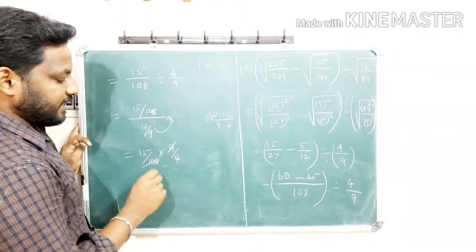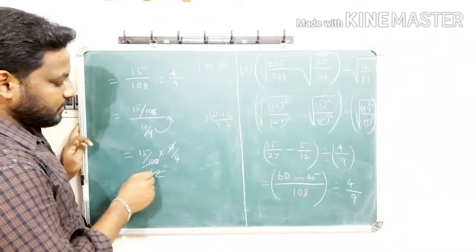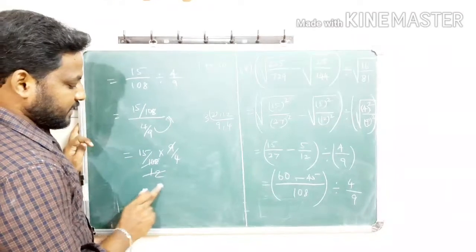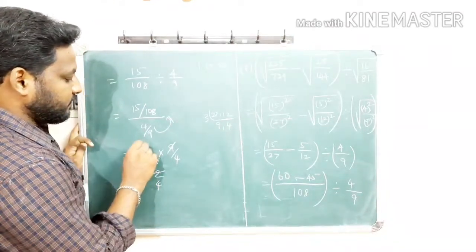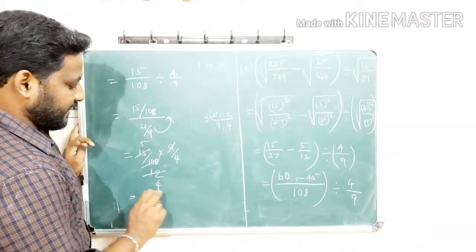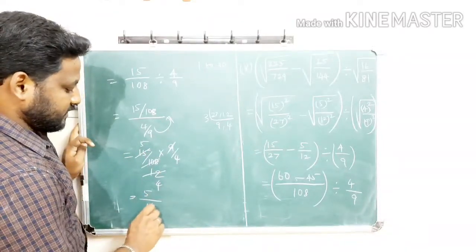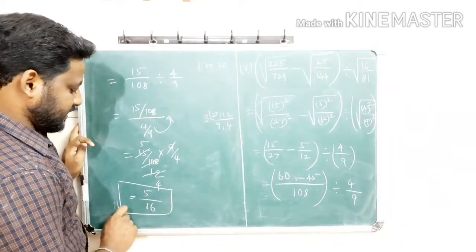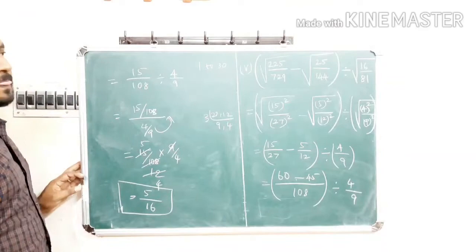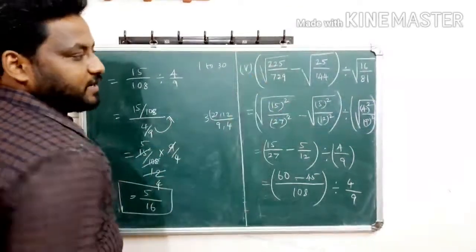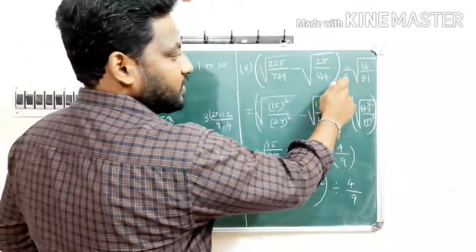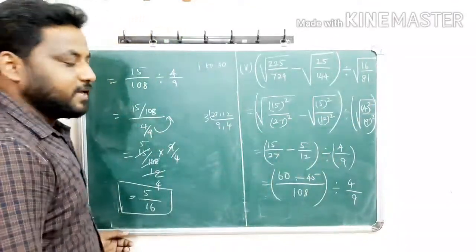Then 3 5s are 15, so 5 into 1, 5 divided by 4 into 4, 16. So 5 by 16 is the answer for square root of 225 divided by 729 minus root of 25 divided by 144, the whole divided by square root of 16 divided by 81.